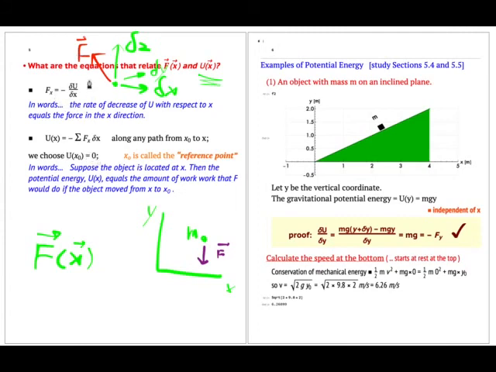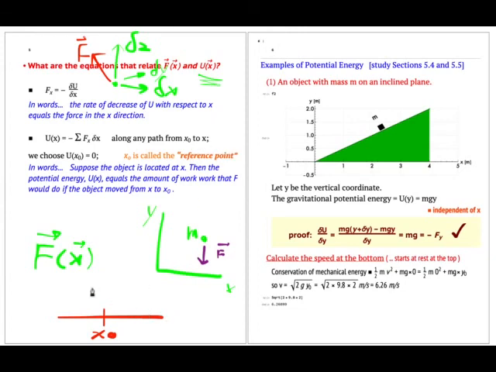See, this equation doesn't really define the absolute value of u, just the rate of change. In order to give it an absolute value, you have to say what value it has at some point. Well, suppose we call that point x0. So again, here's x0. And we say the potential energy will be 0 at x0. So we call that the reference point.